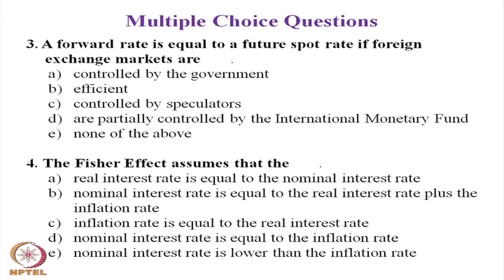C, inflation rate is equal to the real interest rate. D, nominal interest rate is equal to the inflation rate. E, nominal interest rate is equal to the inflation rate. Mark the answer, keep it with you.